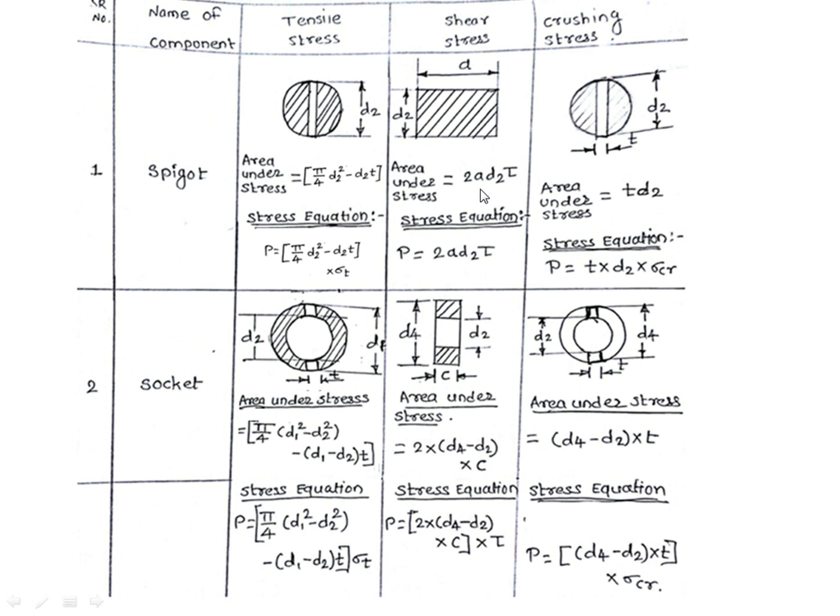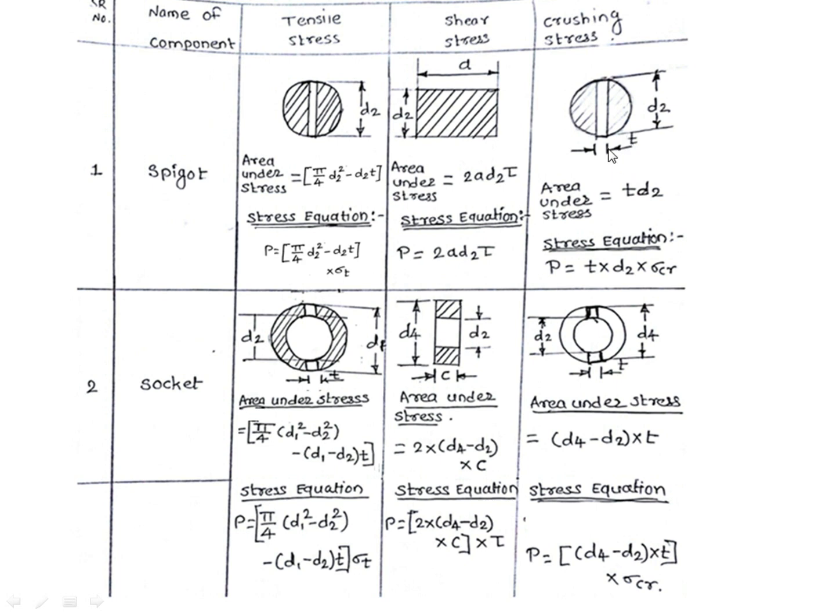As the spigot is under double shear stress, the area under stress will be 2a into d2. And the strength equation will be load equals area into stress, which is P equals 2a into d2 into tau.